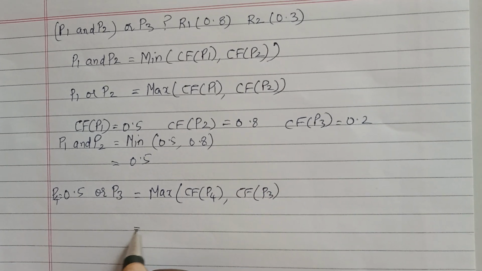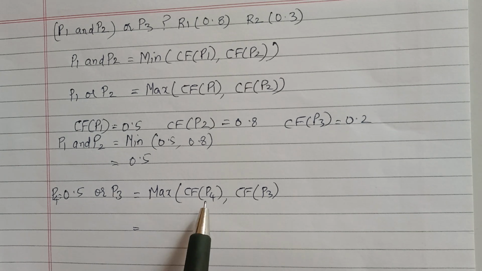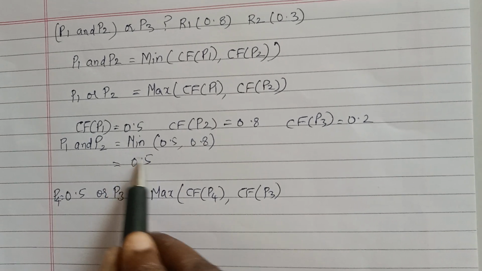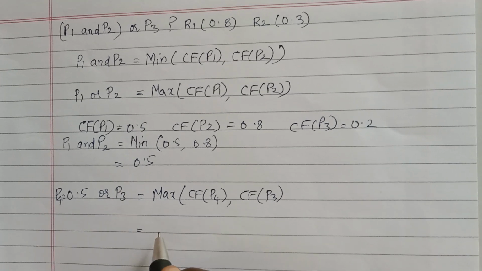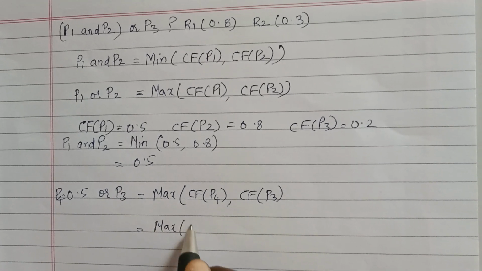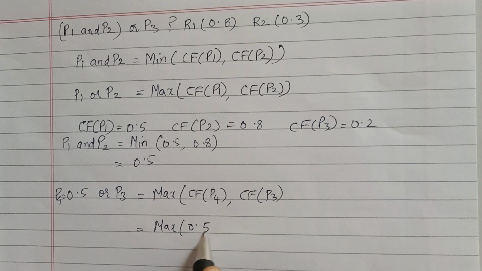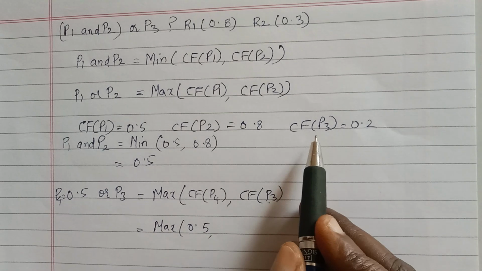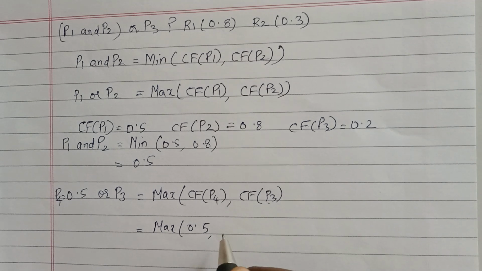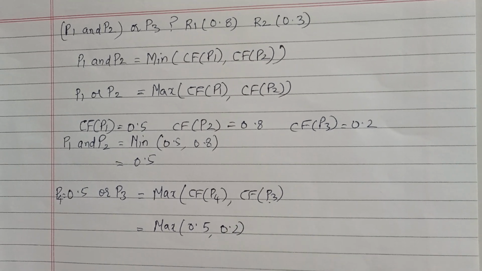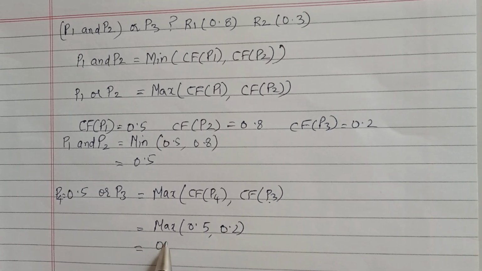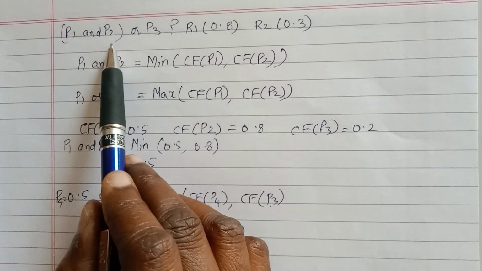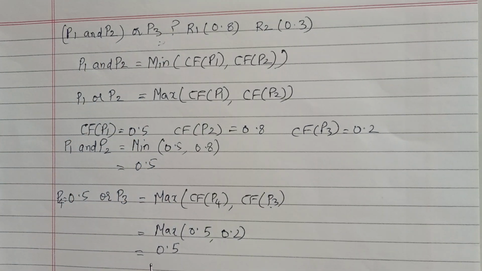CF of P4 we have taken as 0.5, and CF of P3 is 0.2. Among these, the maximum will be 0.5. So the value of the expression P1 and P2 or P3 is 0.5.